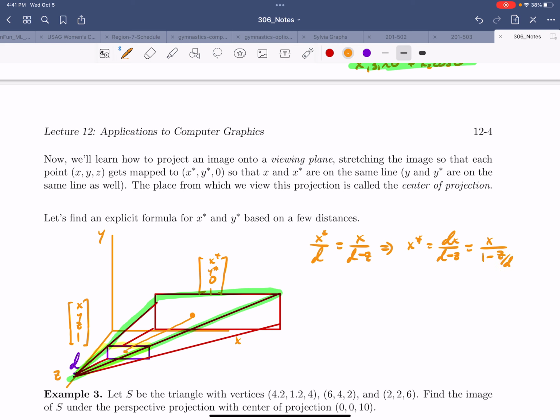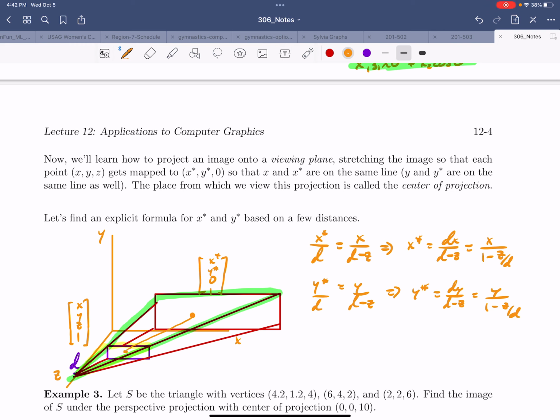Okay? Similarly, you get that y star over d equals y over d minus z. And that, of course, gives y star equals dy over d minus z, or y over 1 minus z over d.